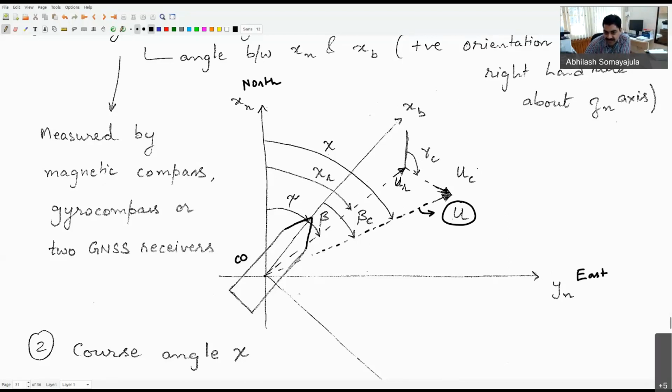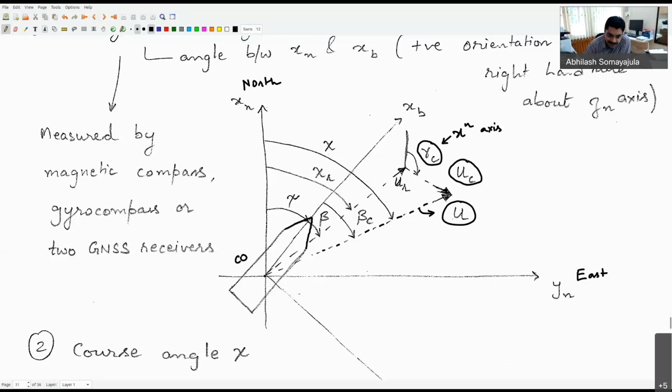And let us say that there is a current in the environment, and the current direction is given by angle gamma C with respect to the NED axis. So the direction of the current is making an angle gamma C with respect to the XN axis. Is that making sense? Yes, sir. Okay, and let's assume that the speed of the current is UC.